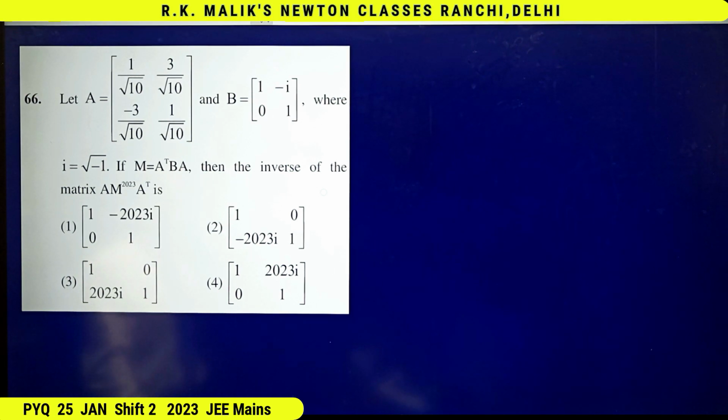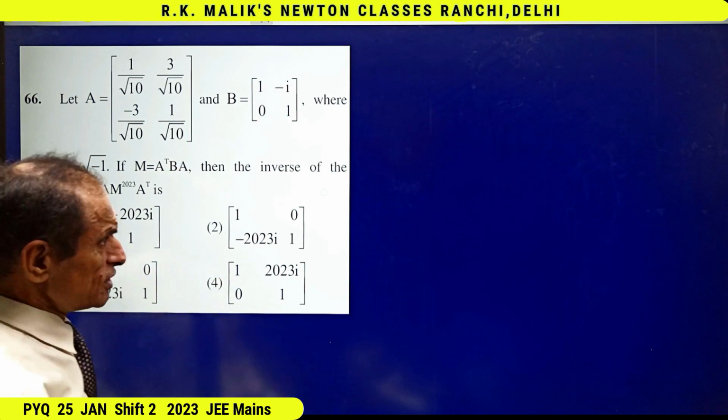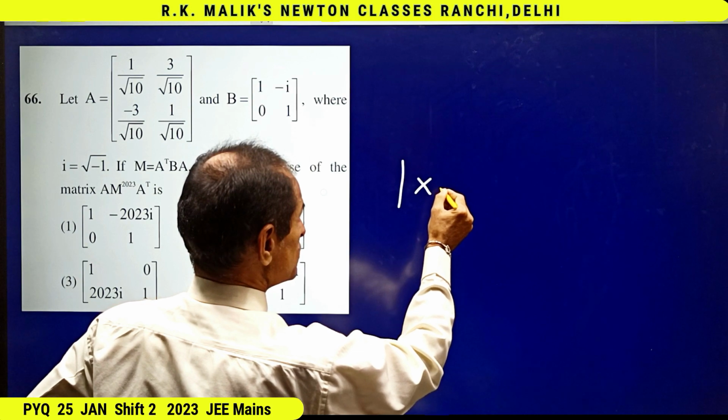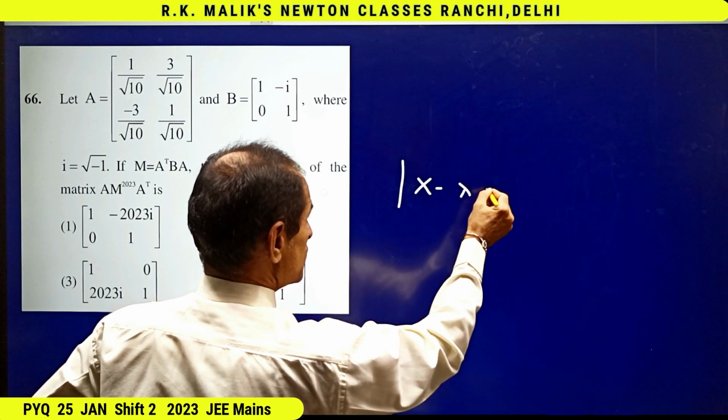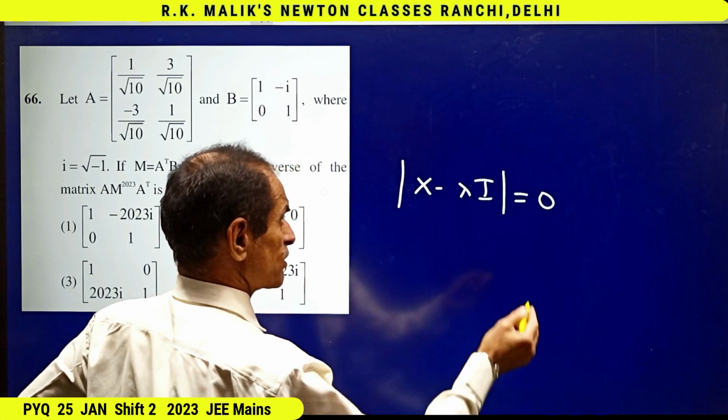The Cayley-Hamilton theorem says that every square matrix satisfies its characteristic equation, and the characteristic equation of any matrix, say X, is found by determinant of X minus lambda I equal to 0.